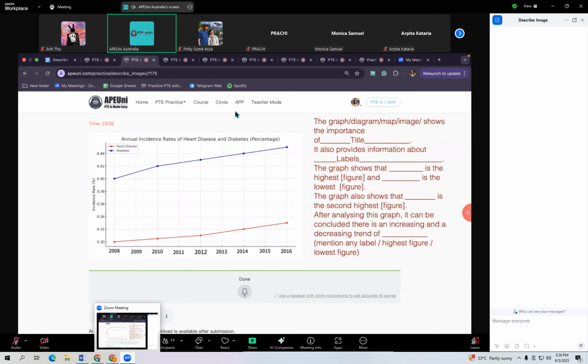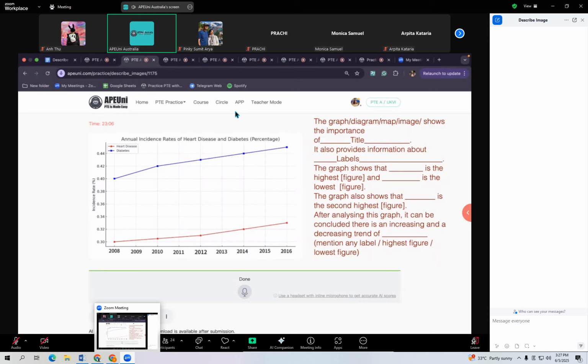The image shows the importance of annual incidence rates of heart disease and diabetes. It also provides information about heart disease, diabetes from the year 2008 up to the year 2016. The image shows that in 2016, diabetes was the highest, more than 0.44%, and in 2010, 2008, it was the lowest, which was 0.30%.